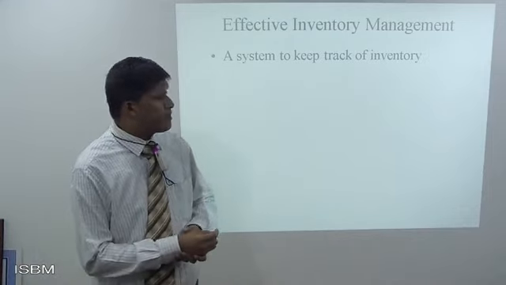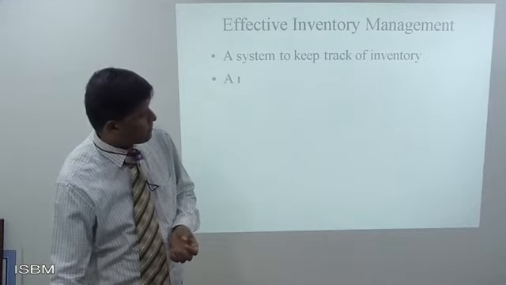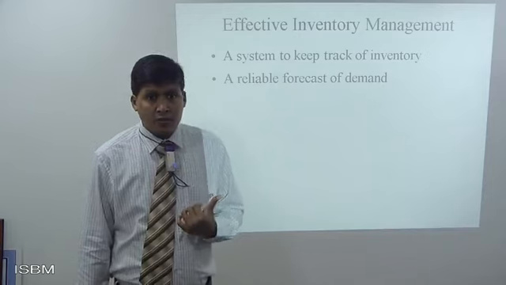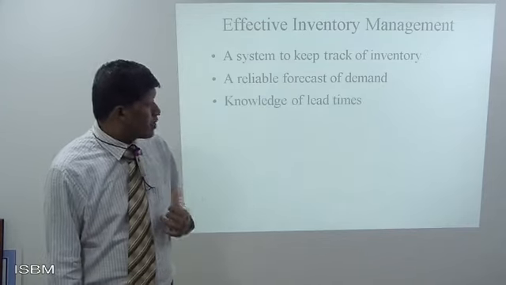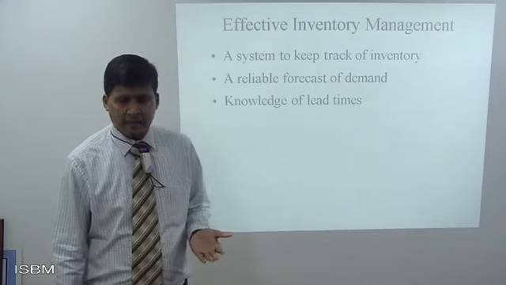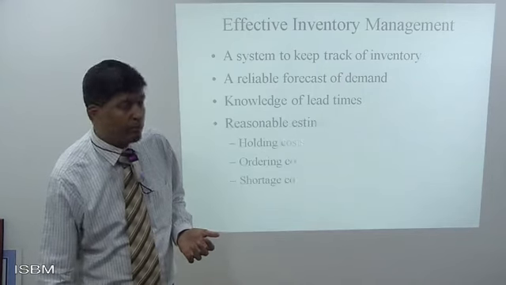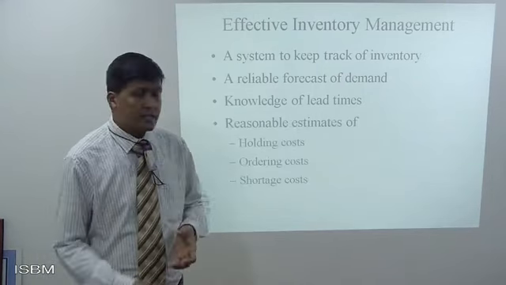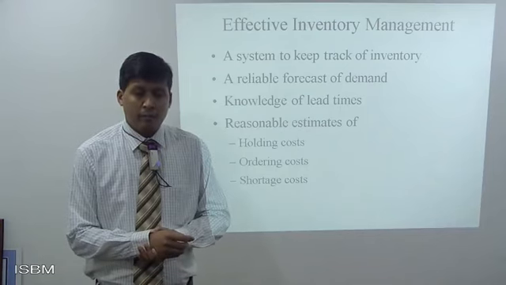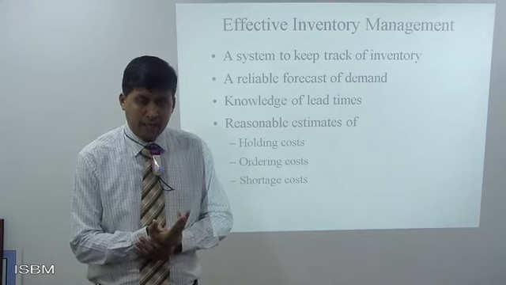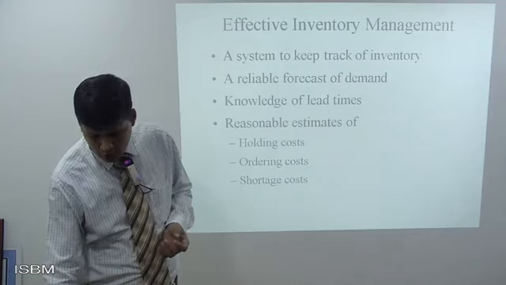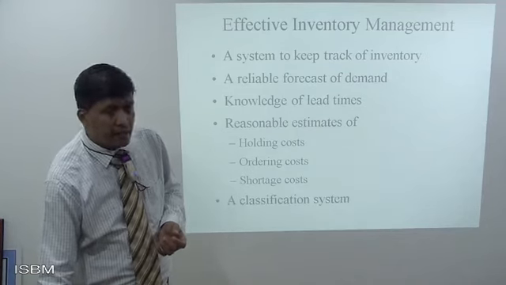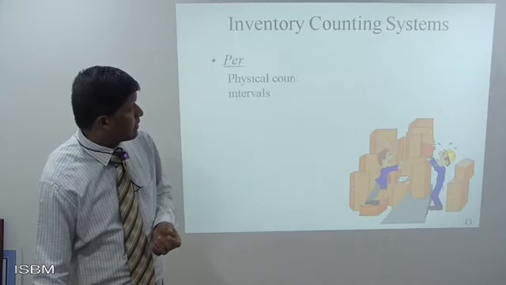One, a system to keep track of inventory. A reliable forecast of demand. We need to have this database on demand really well. Knowledge of lead times. What are the lead times or order cycles we need to keep an order on. Reasonable estimates. Should be aware of holding cost, ordering cost, even shortage cost for that matter. And a classification system.